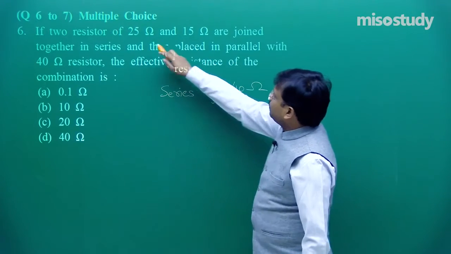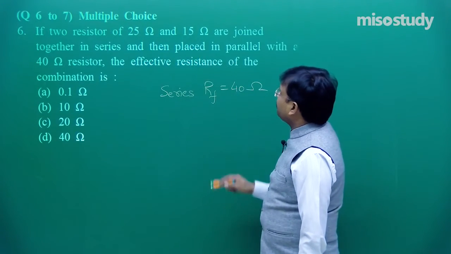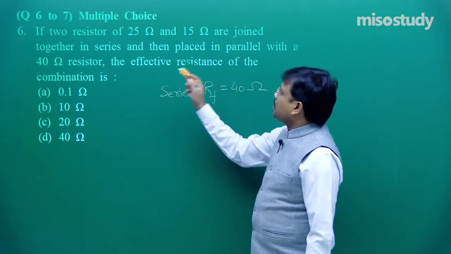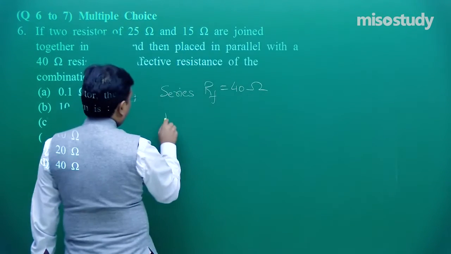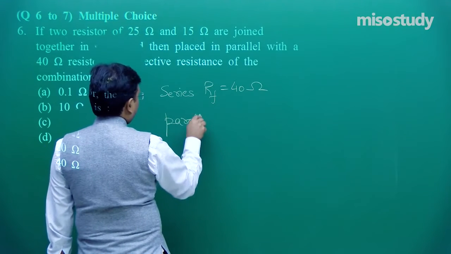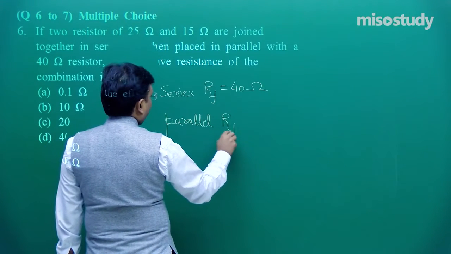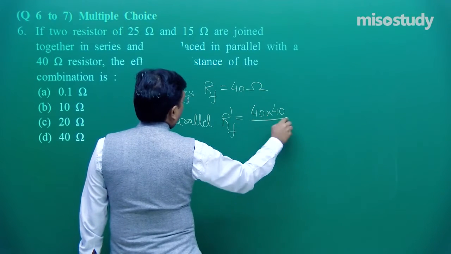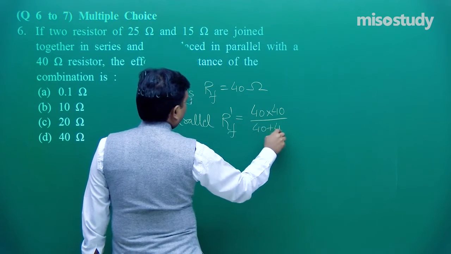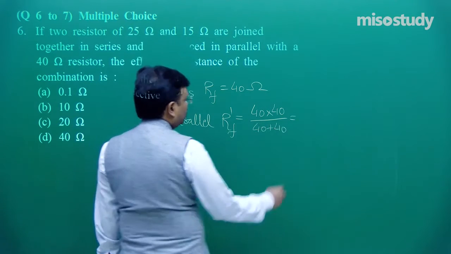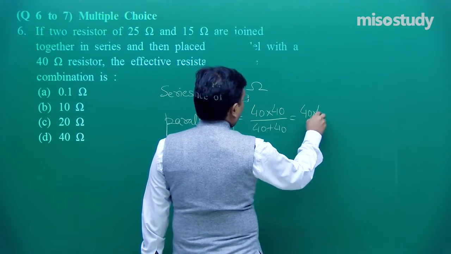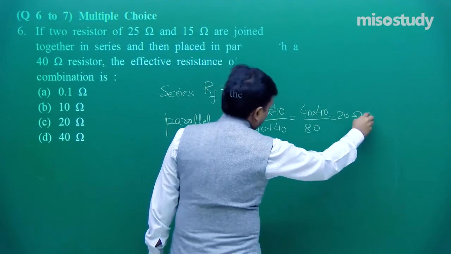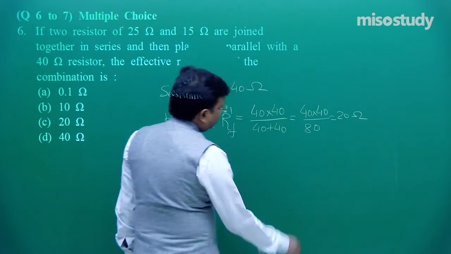So, first 25 and 15 in series, and after that the resultant is connected in parallel with 40 ohm. So, in parallel, RF is equal to 40 into 40 upon 40 plus 40. That will give me how much? 40 into 40 upon 80, that is 20 ohm. Fine.